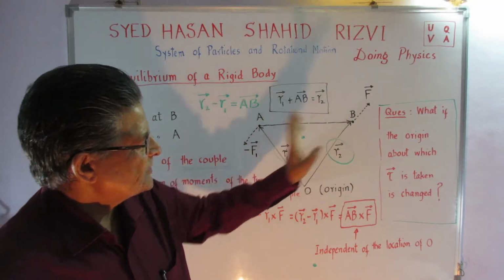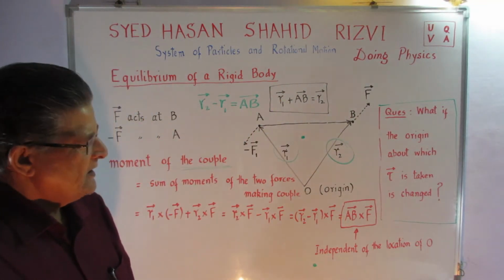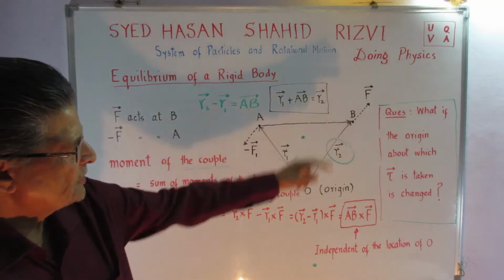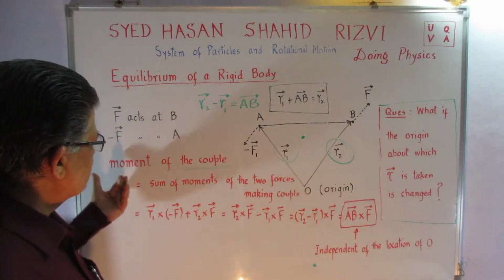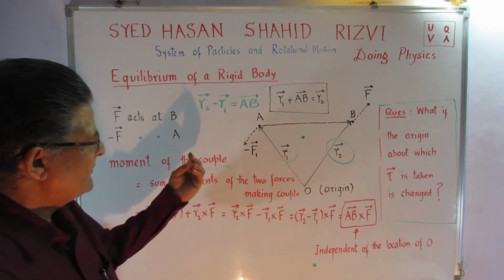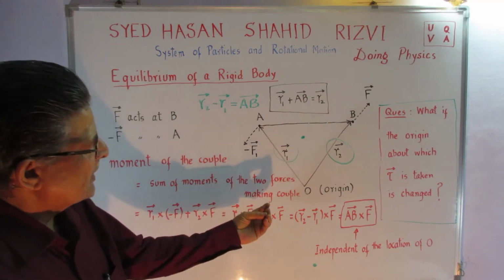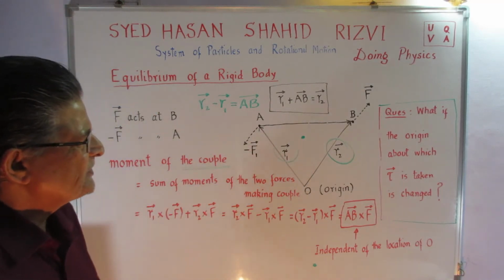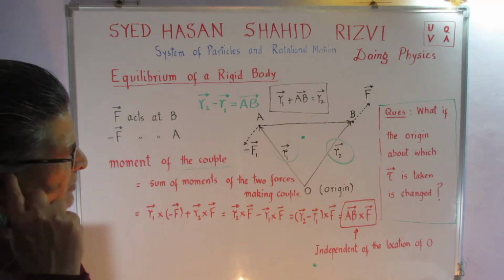But for the system of particles that we have taken, in a very simple situation, where there is a couple of forces acting on it, they give rise to the moment of the couple, and we sum up the individual couples, and we find that this is independent of the location of the origin.